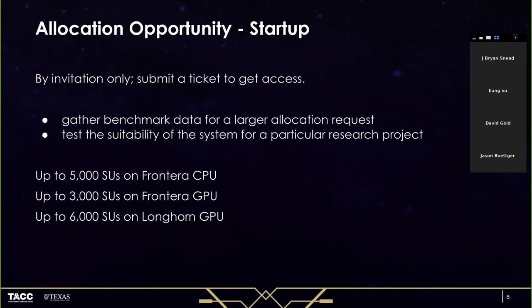If you've not used Frontera, or if you've not used Frontera-like hardware, you're able to get access to Frontera to gather some of that benchmark data. You also will be able to test Frontera to make sure that it's appropriate for your work. Note that startups, though, are pretty small: 5,000 SUs on the CPU, and then there's also 3,000 SUs on Frontera GPU and 6,000 SUs on Longhorn GPU.